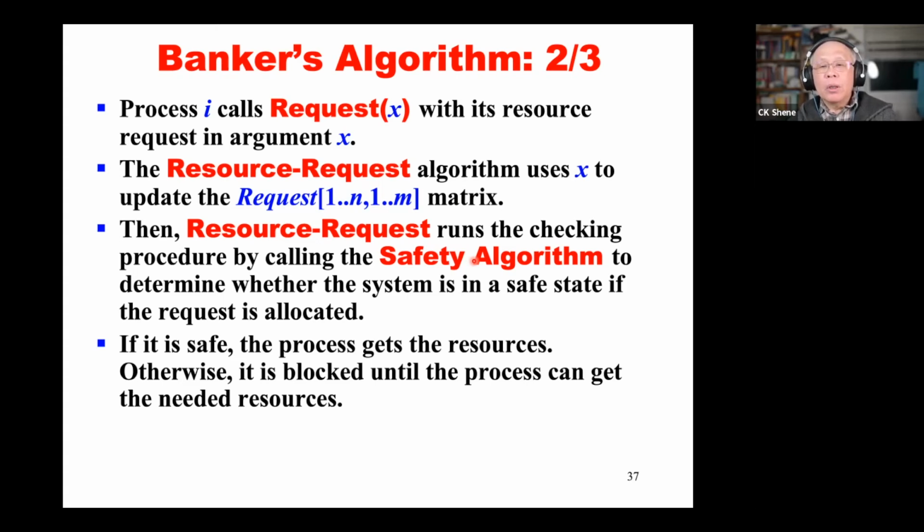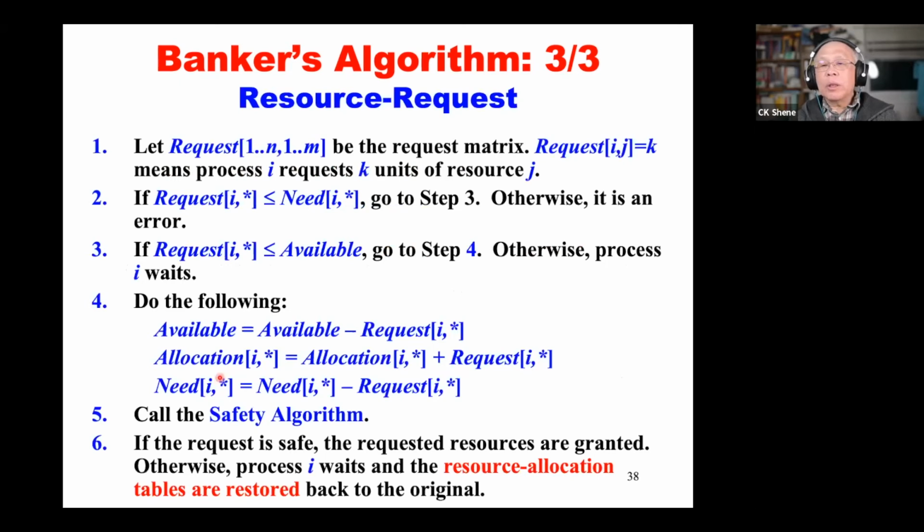If the safety algorithm says it is safe, the process gets the resource. Otherwise, the requesting process here, process i, will be blocked until it can get the needed resources later, after some processes release their allocated resources. So the algorithm itself is simple.